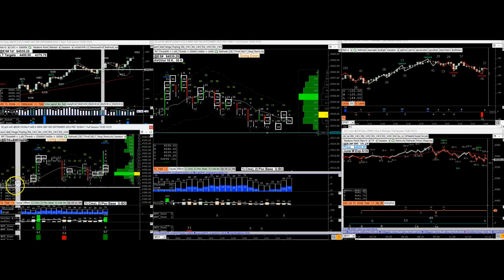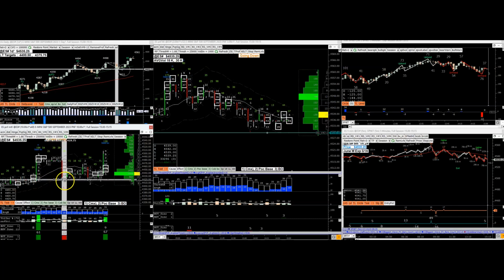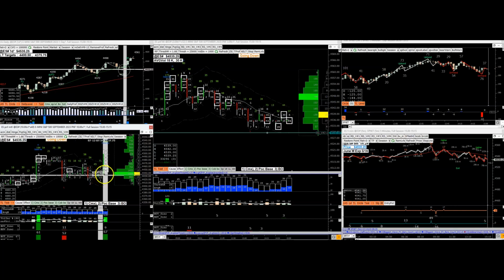That's a lot of juice. And here you have 49, so 490,000 contracts. So it tags that area, holds that area, and builds the base.